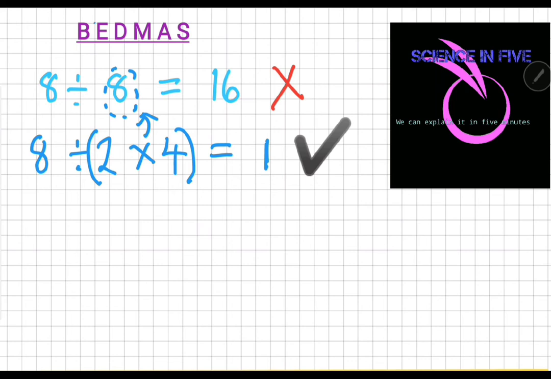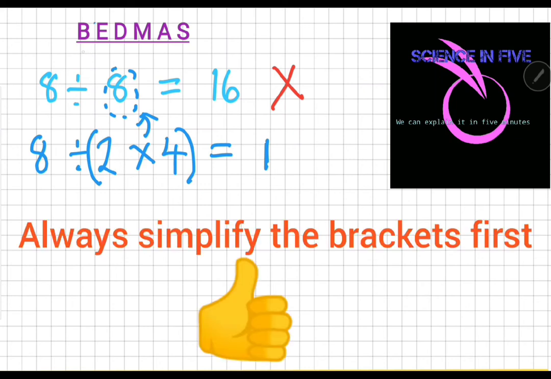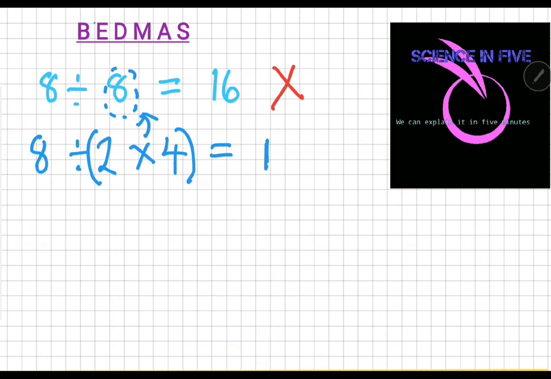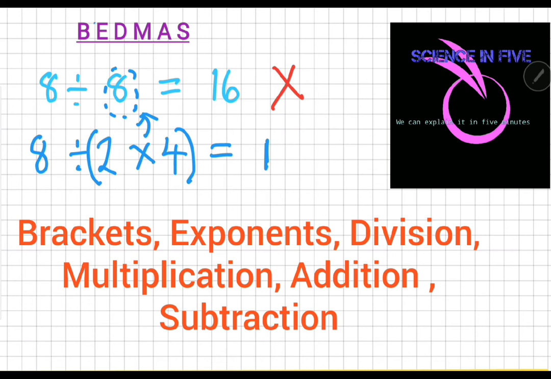So many a time, when we get sums that involve brackets, we need to make sure that we do the brackets first. Okay, so in this video, we're going to use the acronym BEDMAS, where the B represents the brackets, E exponents, the D division, the M multiplication, the A addition, and the S subtraction.